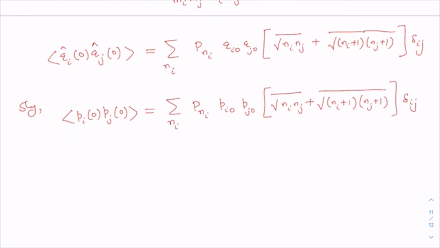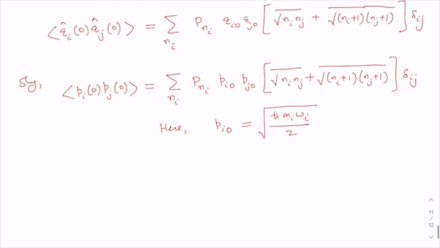However, here this pi(0), similarly for pj(0), would be the square root of h cross mi omega_i by 2, and pj(0) is equal to the square root of h cross mj omega_j by 2.